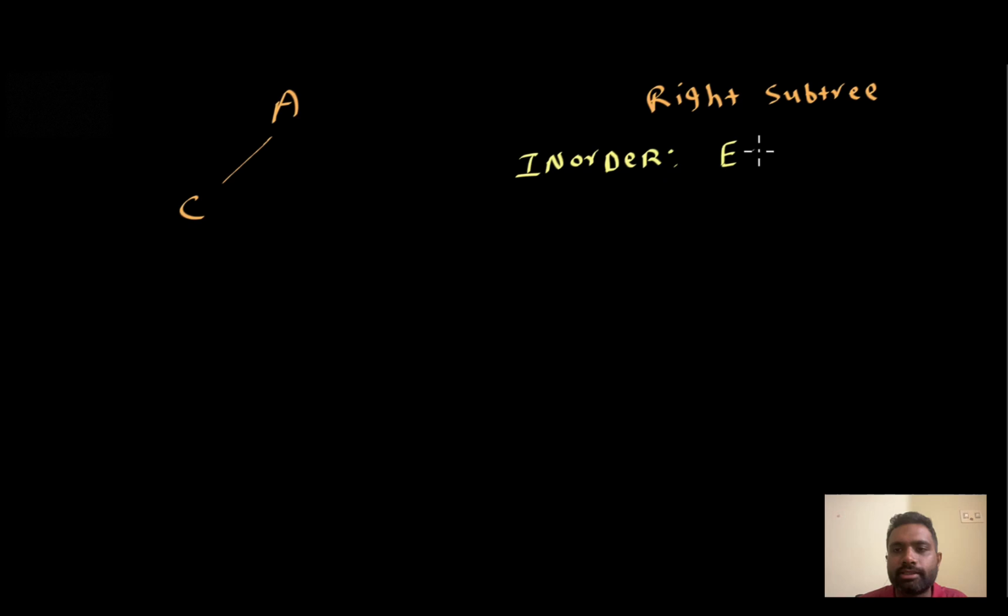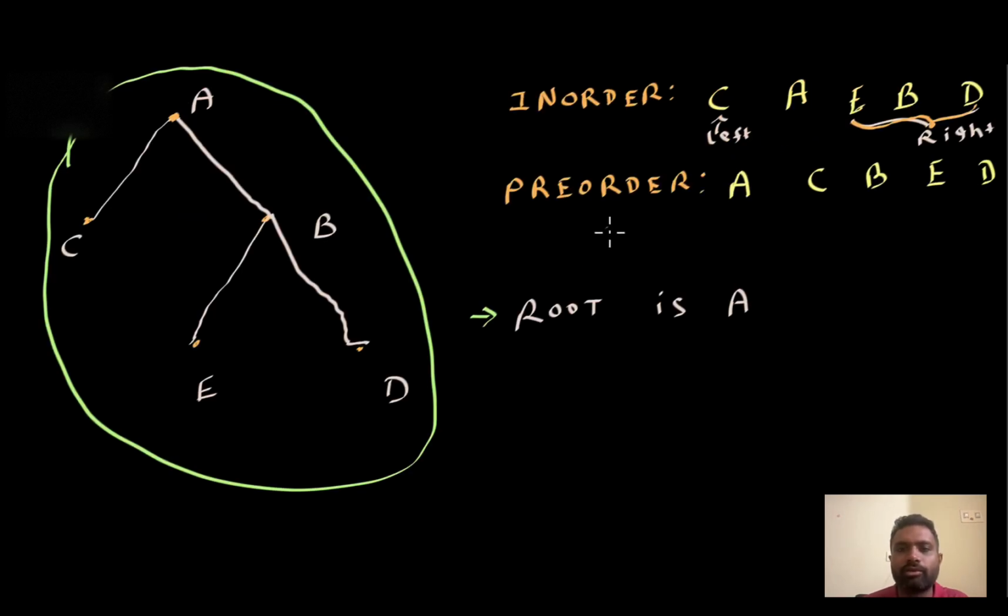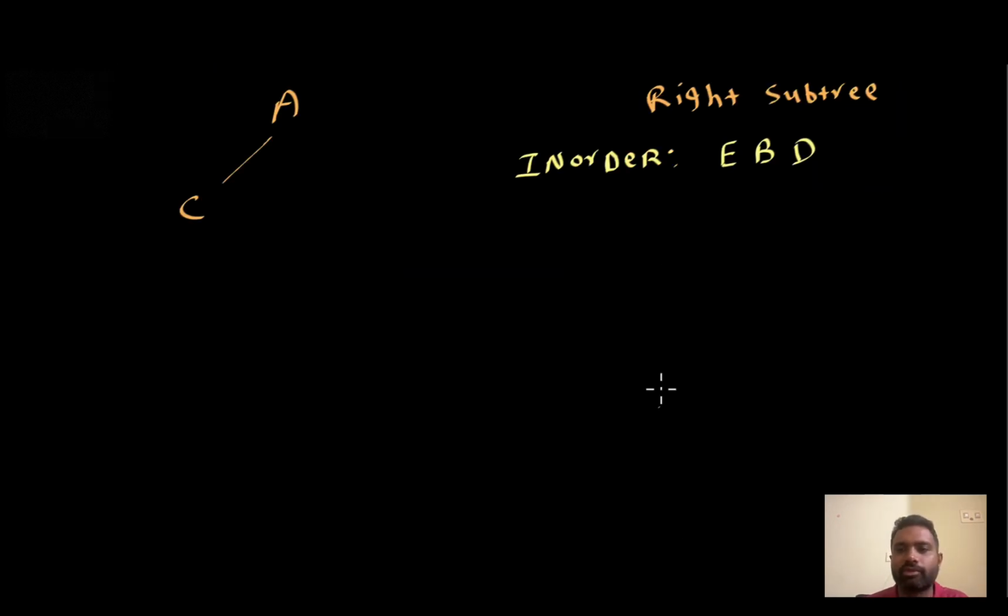So this is EBD, and I'll have to write a pre-order traversal. It will start from this index itself, so that will be again BED. So last three nodes. So pre-order will be also BED.